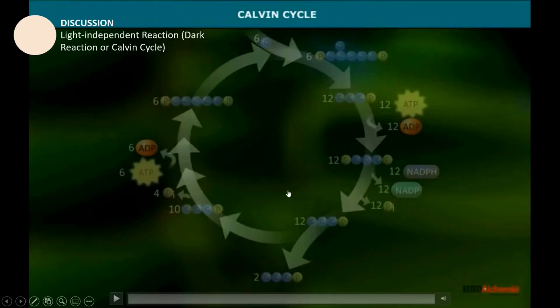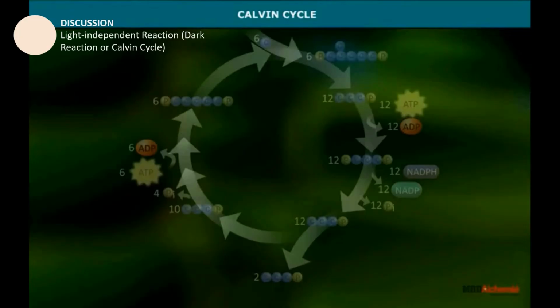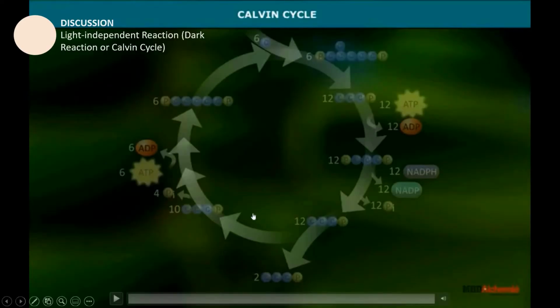So what we need to remember muna before we proceed talking about this process is that the Calvin cycle does not necessarily happen in the dark. Kumbaga, it's only called a dark reaction kasi it can happen even in the absence of sunlight. Okay, kaya siya hindi naman kailangan hintayin muna ang mawala ang sikat ng araw bago siya mag-proceed. Okay, so it can happen. This happens too in the presence of sunlight.